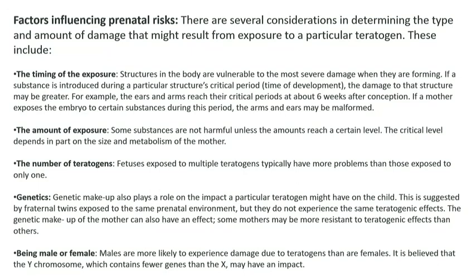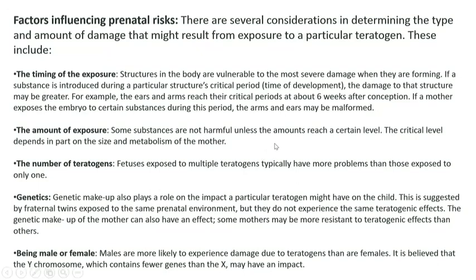For example, ears and arms reach their critical periods at about 6 weeks after conception. If a mother exposes an embryo to certain substances during that period, the arms and the ears may be malformed, but once they are on a track to normal development, exposure to some kind of teratogen might not affect the ears and the arms, okay?